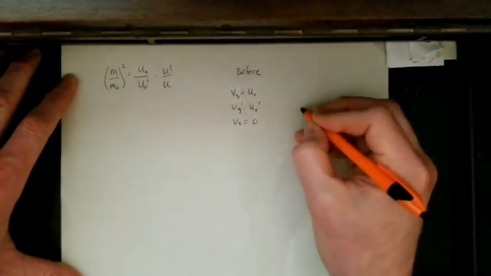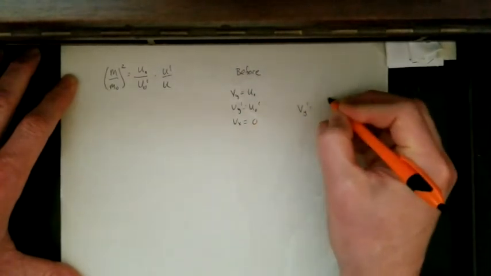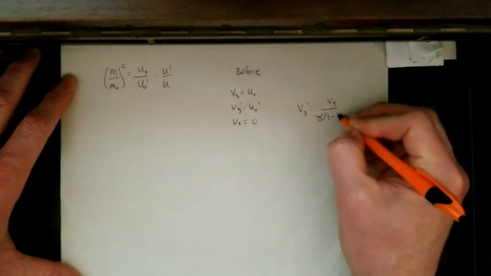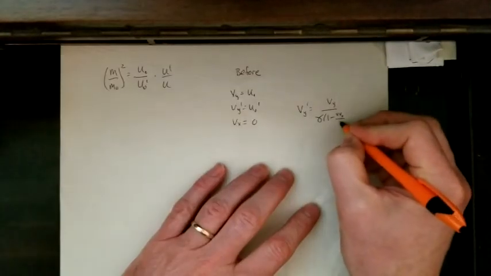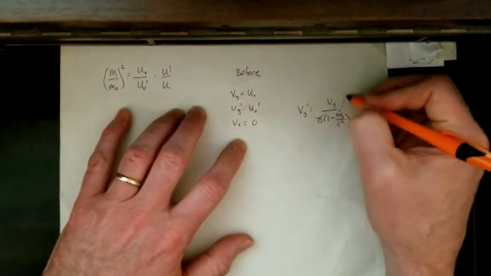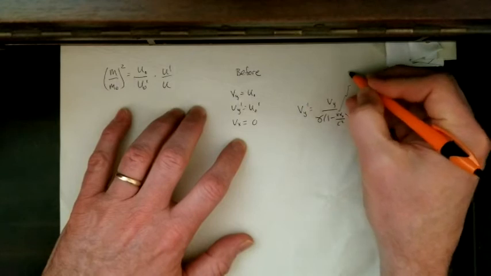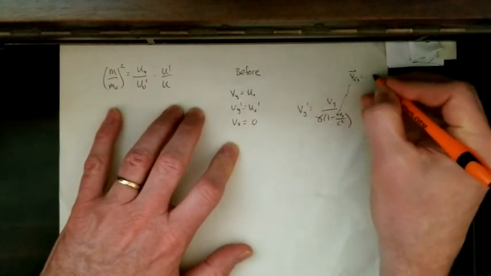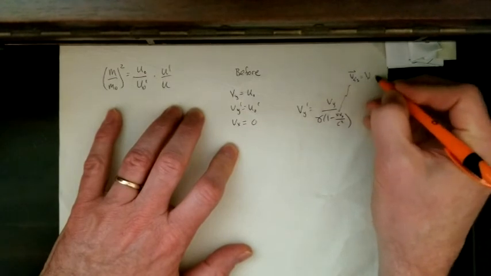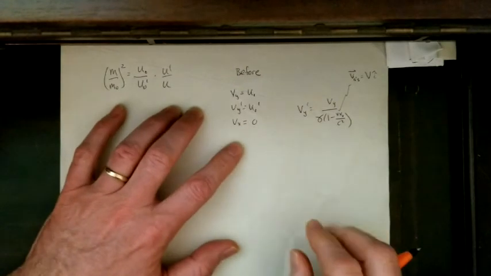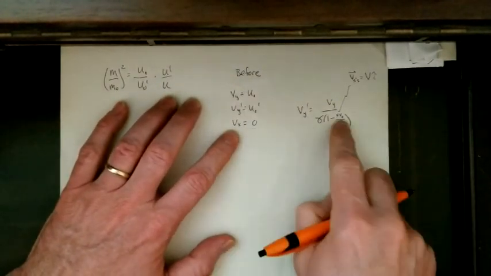If we look at the relationship between the two, Vy prime is equal to Vy over gamma times 1 minus Vx over c squared, where v is the velocity of s prime relative to s, which would be v i hat. Plugging in, Vx is 0.